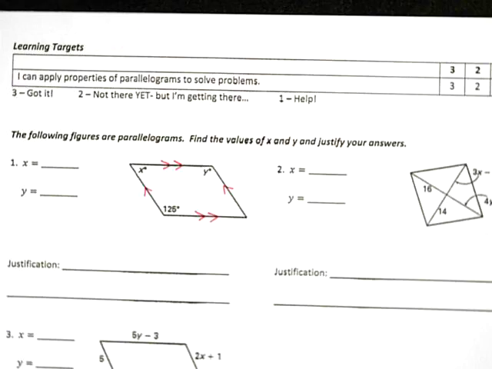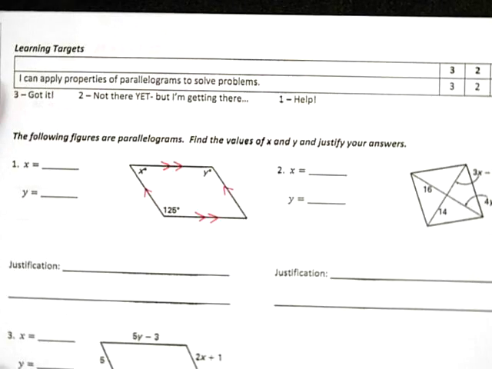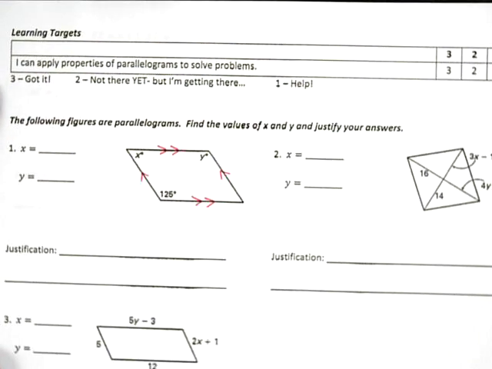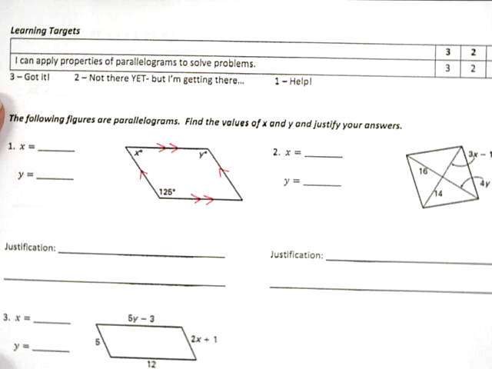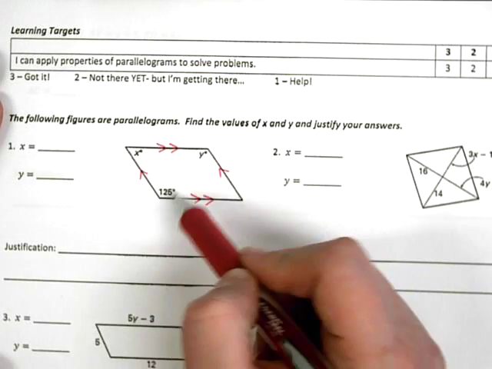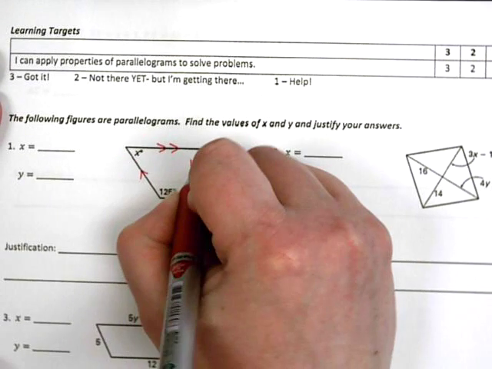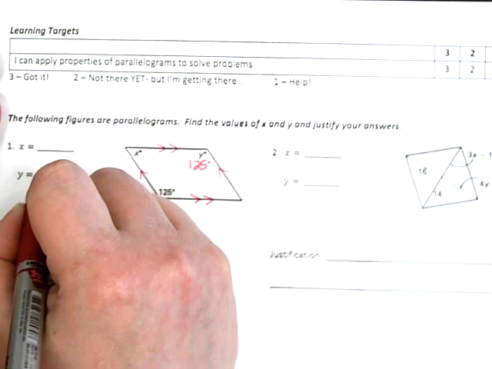And we have to think about those properties that we just went through. So one of the properties is that opposite angles are congruent. Okay, so let's use that. We know that angle Y then is 125 degrees. Okay, so Y is 125.